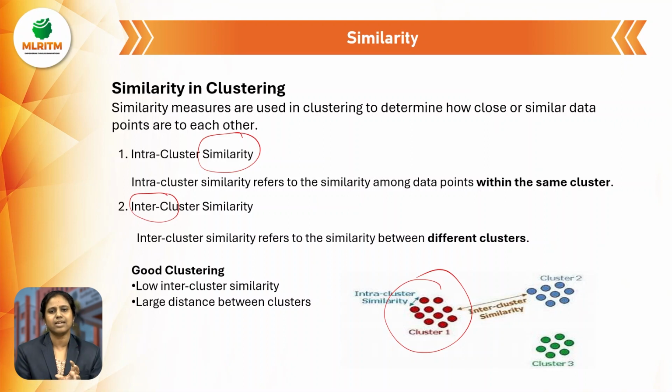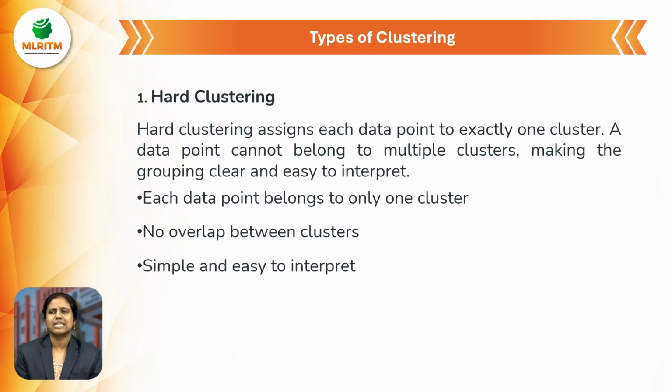Within the intra cluster there will be maximum similarity, and in the inter-cluster the distance will be high, as it is different between the different clusters. So a good clustering has low inter-cluster similarity and a large distance between the clusters.